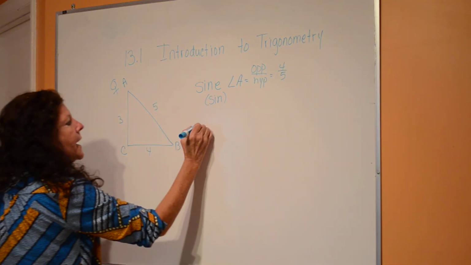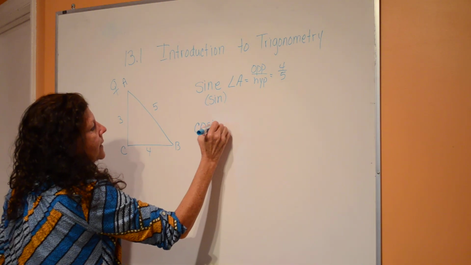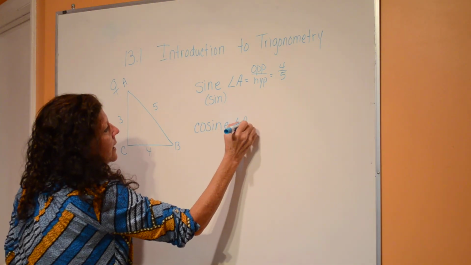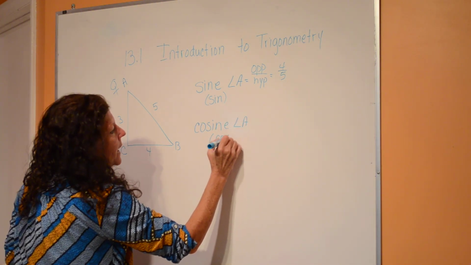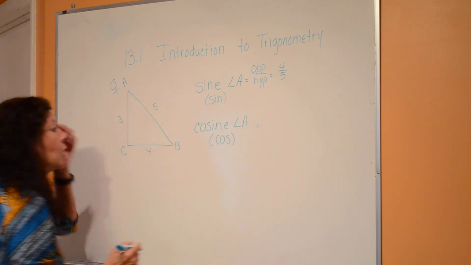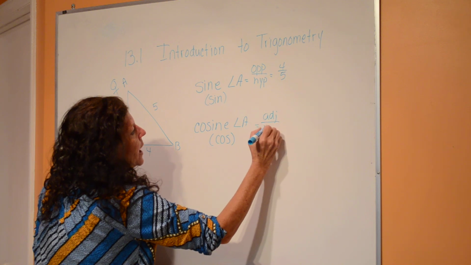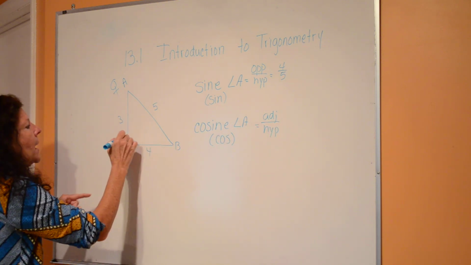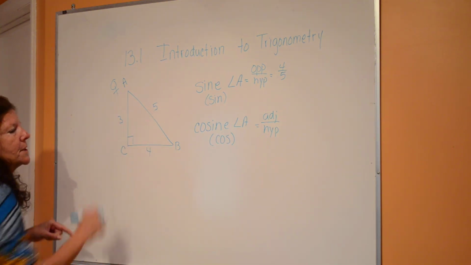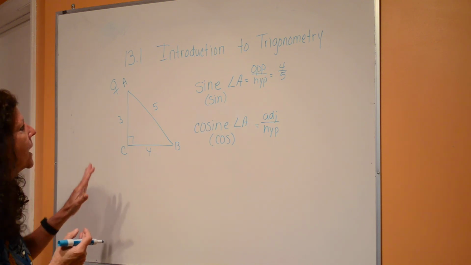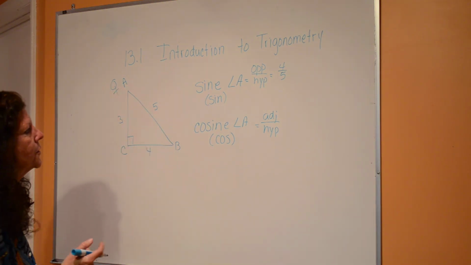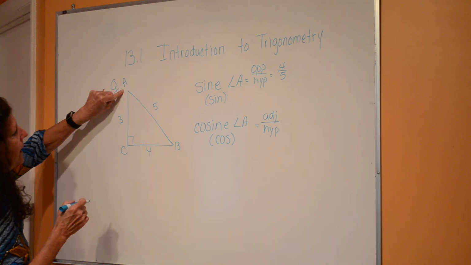Okay, the next one is cosine, and it's COS. And cosine is adjacent over hypotenuse. You guys remember the hypotenuse is always the side opposite the right angle. So the hypotenuse is not going to change depending on where you're standing. So I'm standing here.